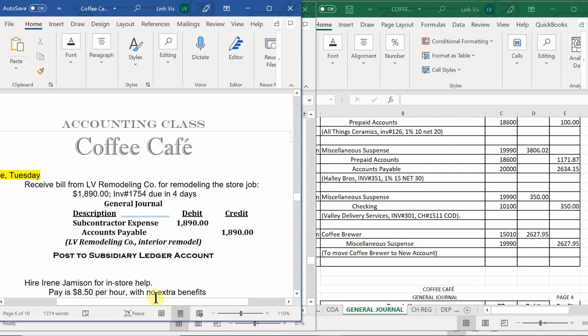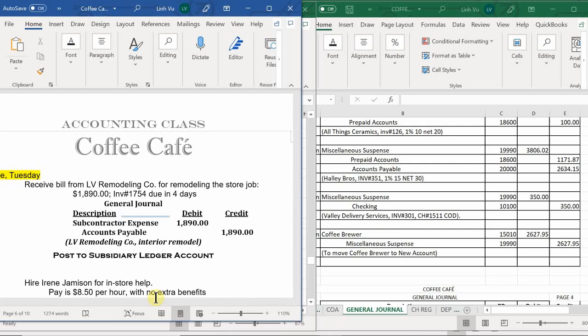So we have LV Remodeling for remodeling the store, and then we also rehired them to complete the foundation. In this case, they haven't completed the foundation yet. They just finished remodeling the store. Now in this case, because we contracted them to fix the store, I'm going to go ahead and say that this is called subcontracted labor expense.